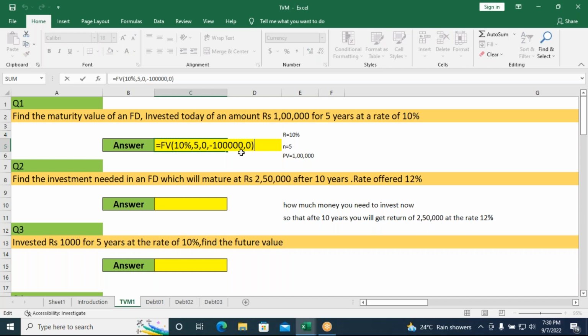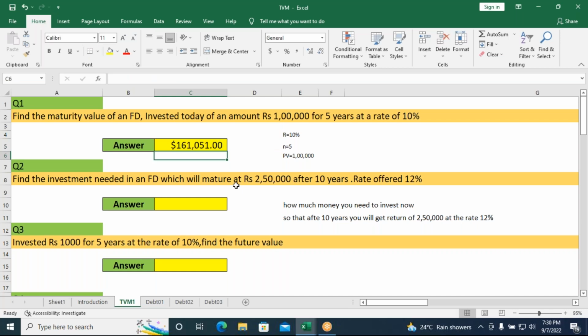Yeah, yeah. So it is 1,61,051 rupees. So I am going to invest 1 lakh, and that 61,000 is the interest that I am going to get for the duration of 5 years. So if I invest that 1 lakh rupees for 5 years, at the end of the 5 years I am going to get 1,61,000. Okay.